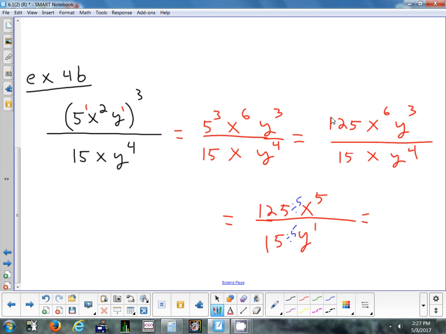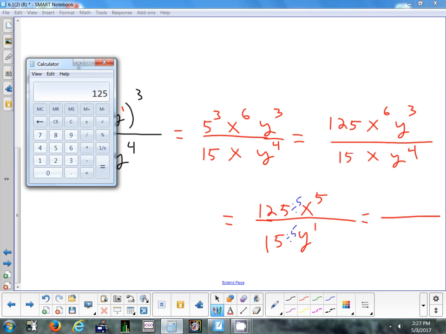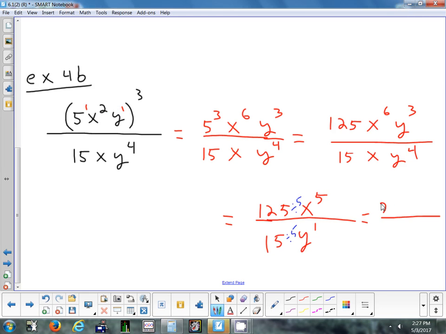Does anybody know what 125 divided by 5 is? What is it? It is 25. If you're not sure, just use your calculator. What about 15 divided by 5? 3. What else?